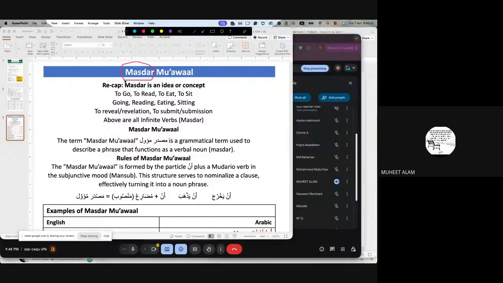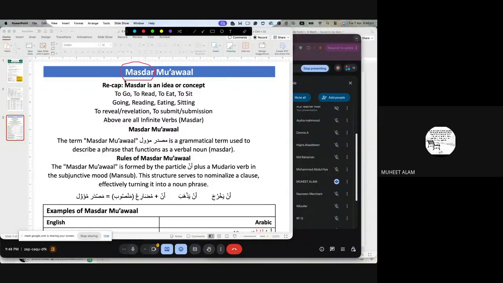Now the term comes: masdar muawwal. It is closely related to this concept, but slightly different. Masdar muawwal is not a single word. Instead, it is a phrase that functions like a masdar. In other words, it behaves like a verbal noun, even though it is made up of more than one word.